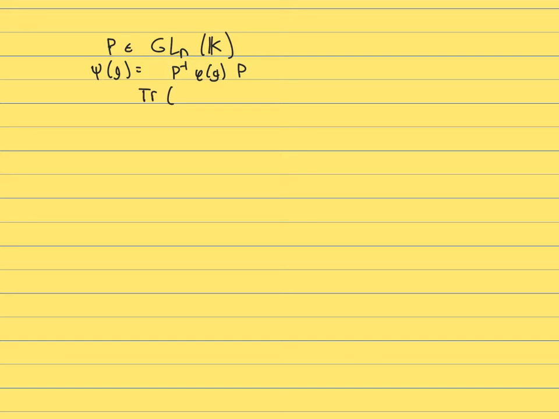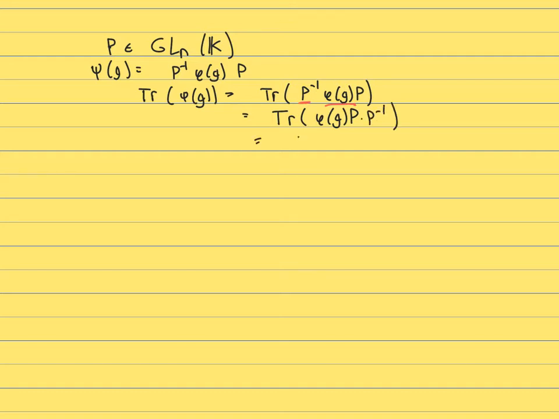Then the trace of psi of g, that's just the trace of P inverse phi(g) times P. If I treat this as A and this is B, then by that multiplicative property, that's equal to the trace of phi of g, P, times P inverse.